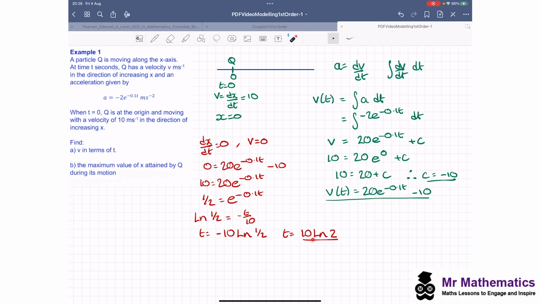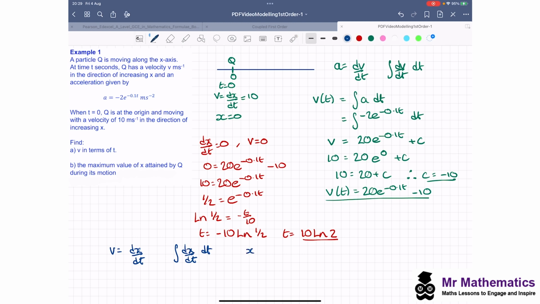So now I've got the time for the maximum displacement, I need to work out the displacement function. So we know that v is dx by dt, and what we want to work out is x. So just like we did with the acceleration, if we integrate dx by dt, or integrate the velocity with respect to time, these two will cancel, and we've got the displacement.